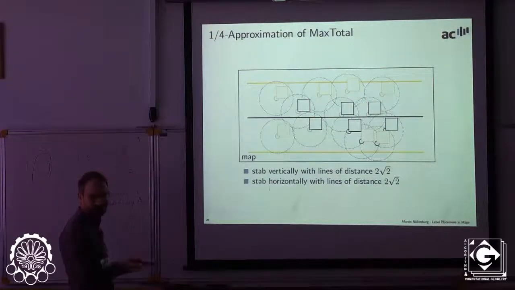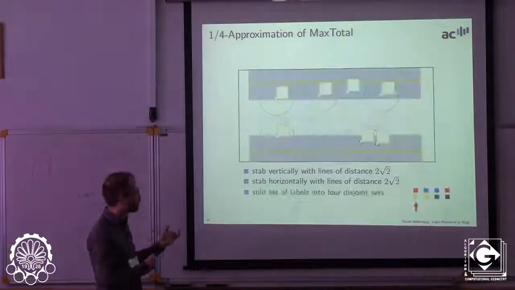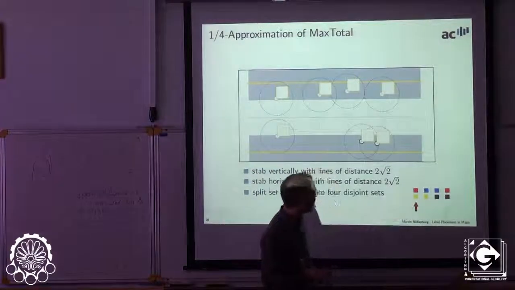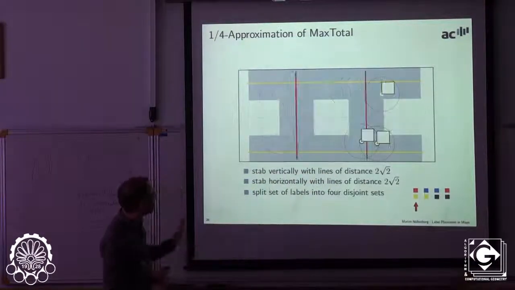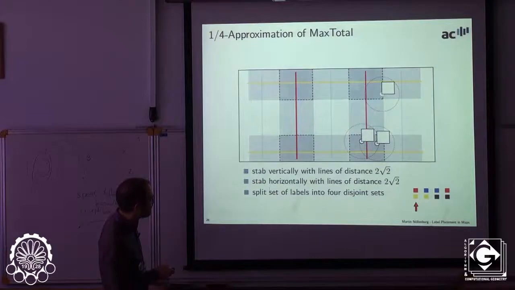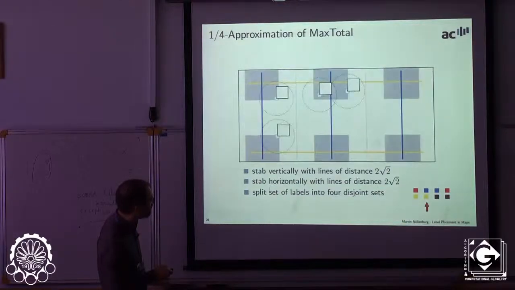You do the same trick with horizontal stabbing lines of the same distance, and that colors the labels yellow and black. Now each label got 2 colors, and this defines 4 classes. Some labels received red and yellow, those stabbed by a red line and a yellow line, these three here in this example. Blue and yellow is a different set of labels.